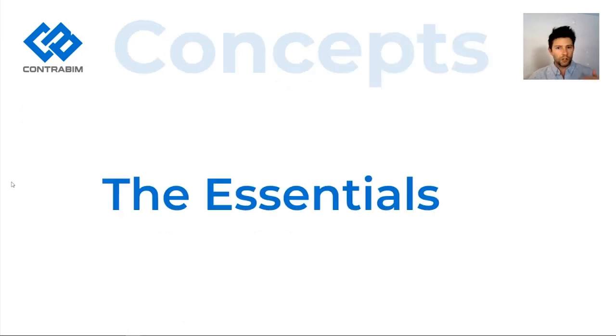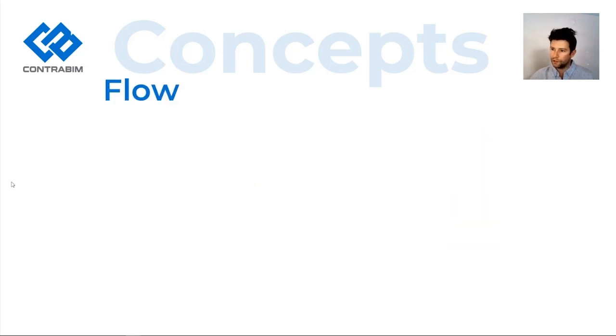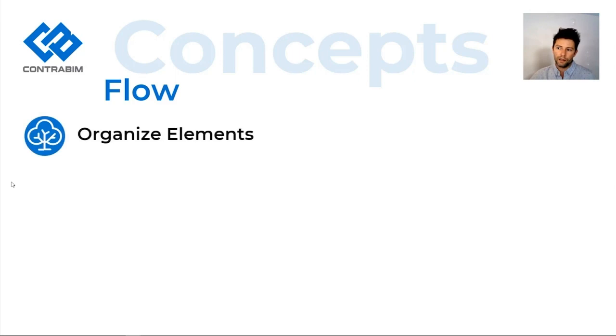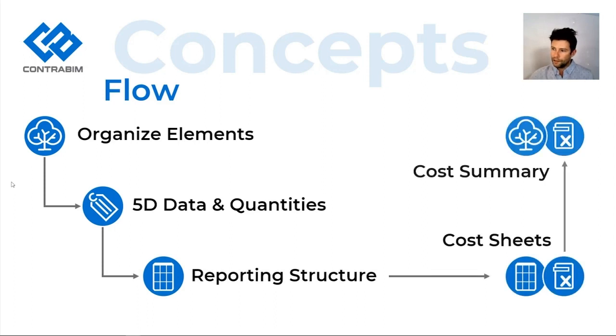So, all right, let's go a little bit deeper now into our concepts and the essentials. So again, we've been talking about these, and let's first kind of put these into context. The way that I look at this flow here is we start on the top left with organizing our model elements with our classifications.